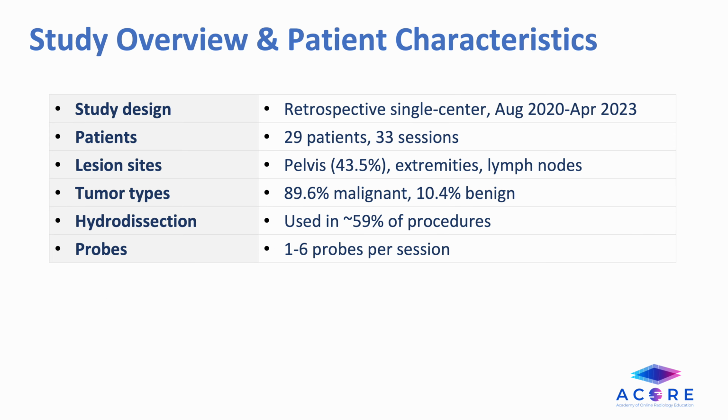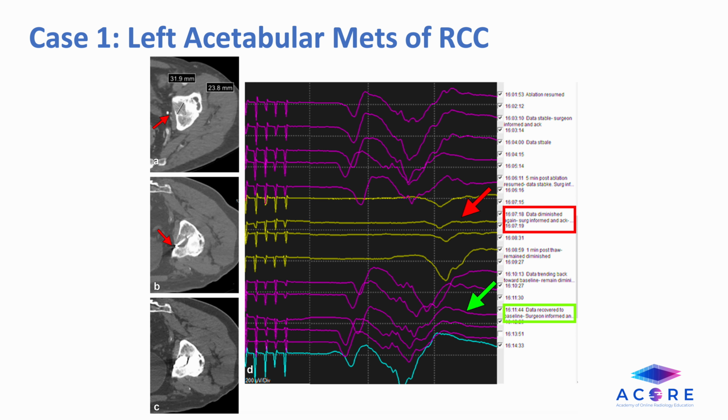It's a retrospective single-center study spanning almost 4 years. 29 patients were included who underwent 33 procedures. Hydrodissection was done in 59% of the procedures, which basically is the injection of fluid to create a protective space between the target lesion and the nearby critical structures.